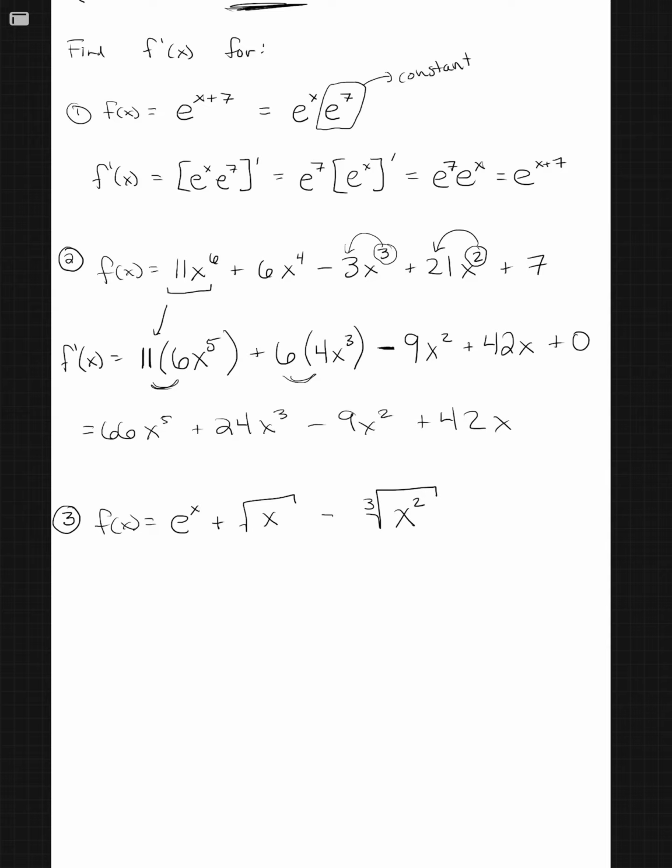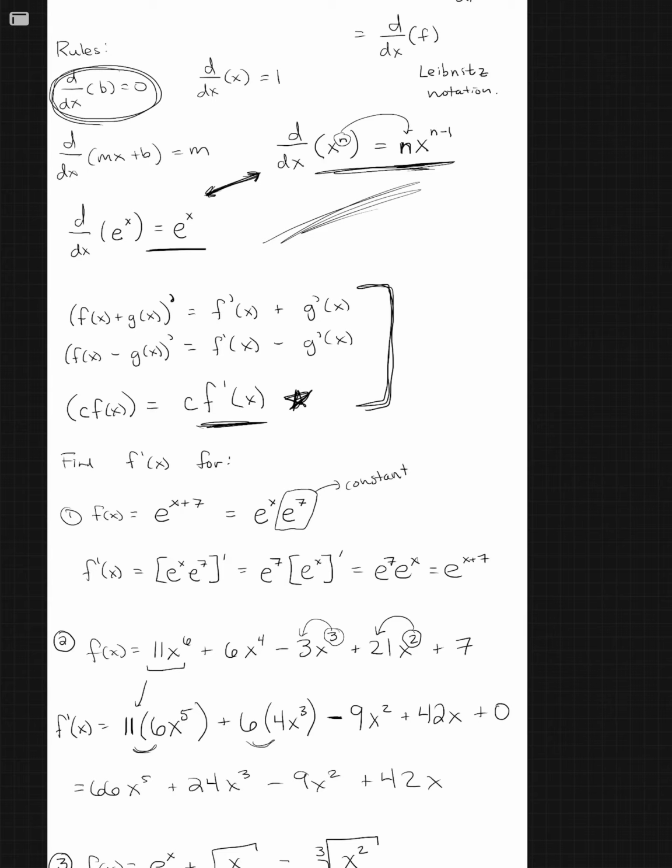So in this case, we can break it up by sums again. I'm actually going to leave some room here because I want space to work. This guy's pretty easy. His derivative is just e to the x, but this guy is maybe a little bit more confusing.